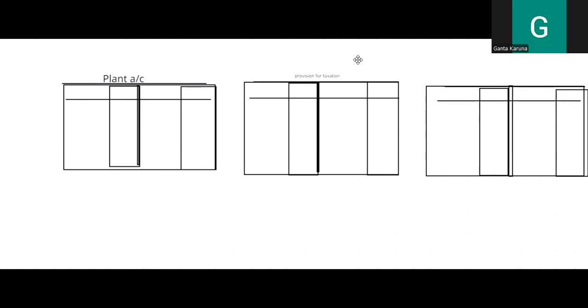The next one we are going to prepare is the land and building account. Okay, so these are my particulars.